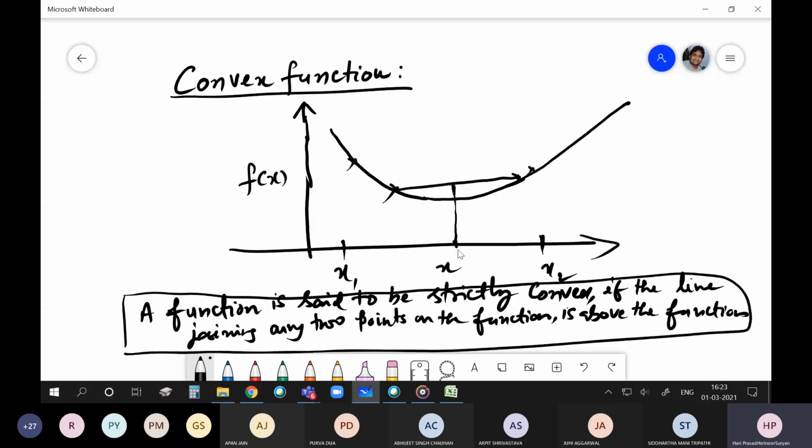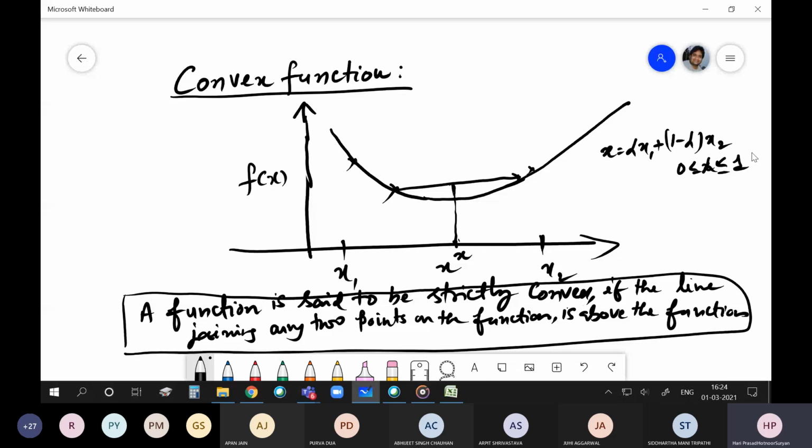Let this arbitrary point be x here. What is the value of x in terms of x1 and x2? I can represent any arbitrary point in this range between x1 and x2 as alpha times x1 plus 1 minus alpha times x2, where alpha lies between 0 and 1.